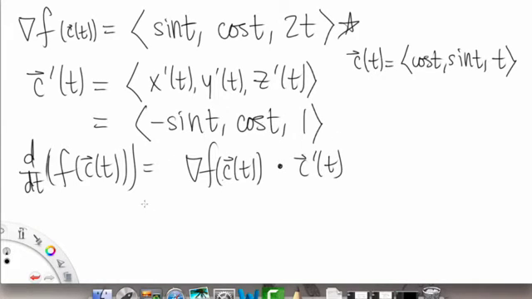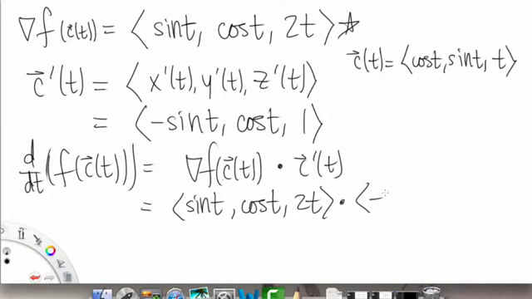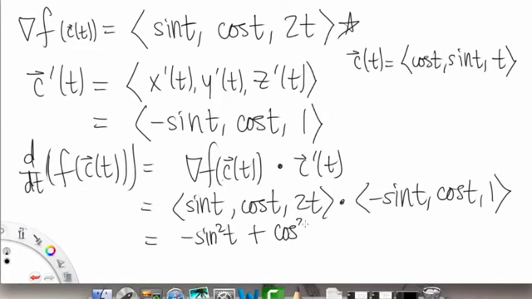So we're just going to plug those in. We have sine t, cosine t, 2t, being dotted with negative sine t, cosine t, and 1. If we take the dot product, we get negative sine squared t plus a positive cosine squared t plus a 2t.